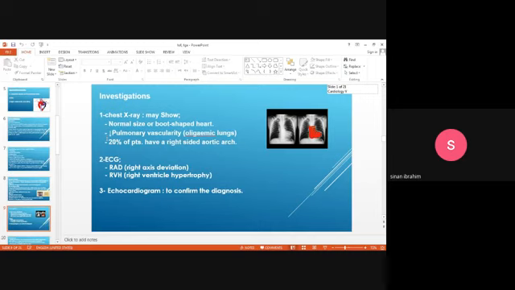And the second thing we see is oligemic lung, because of severe pulmonary stenosis or right ventricular outflow obstruction. So there is oligemia of the lung, as we see.